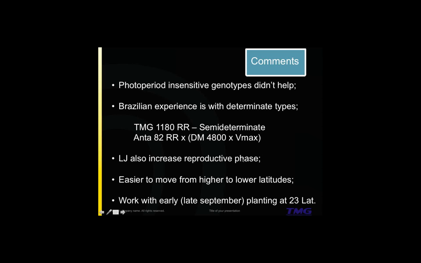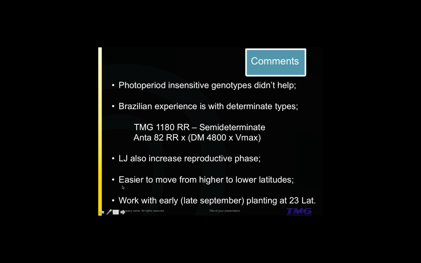But one is able to select recombinants that have a little shorter reproductive phase, if you want. So in a population, you can find some recombinants that allow you to introduce a long juvenile trait without increasing too much the entire cycle or the maturity of the variety. Okay.